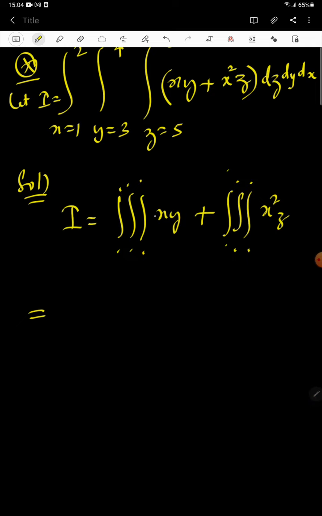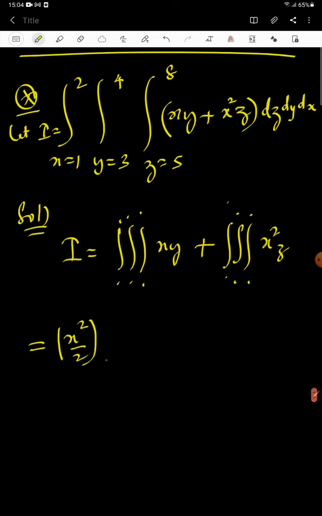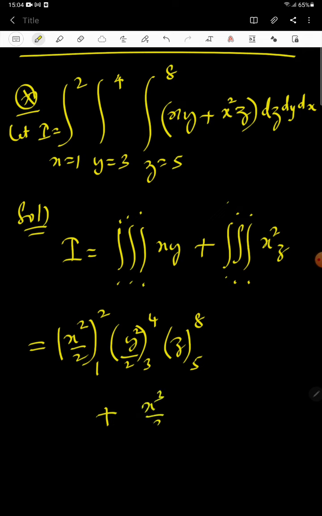So integral x will become x square by 2 with limits from 1 to 2, and integral y is y square by 2, limits from 3 to 4, and there is no z, so integral dz will become z and the limits will be from 5 to 8. Plus for this x square z, x cube by 3, limits from 1 to 2.